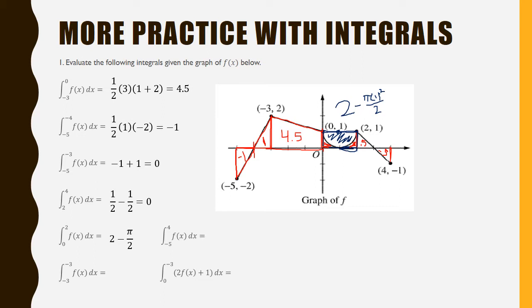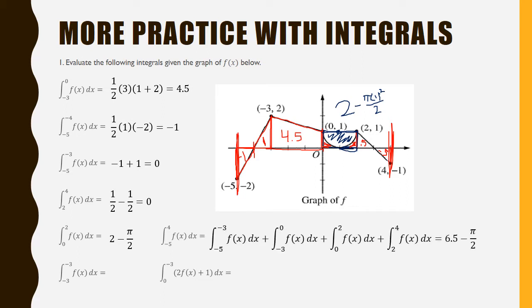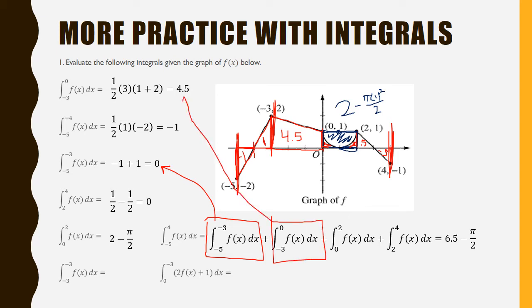The next integral goes from -5 to +4. So from this side to this side. And we can find all of that by just adding up all of the areas that we see. Okay, so here I broke it down for you. So we had the area from -5 to -3, which we calculated back here. Okay, that gets us to this point. And then we have the area from -3 to 0, which we calculated up here.